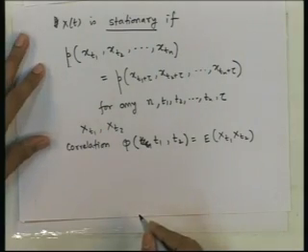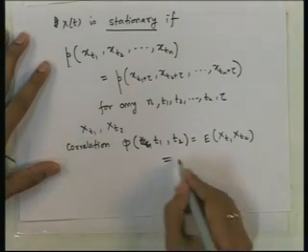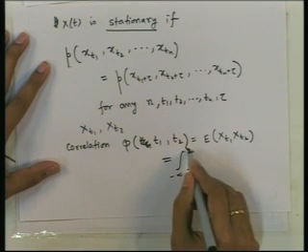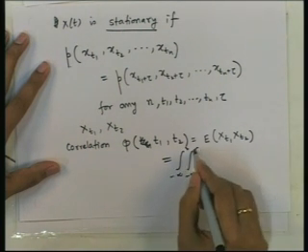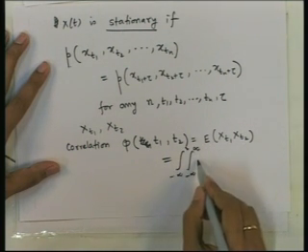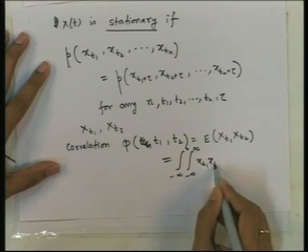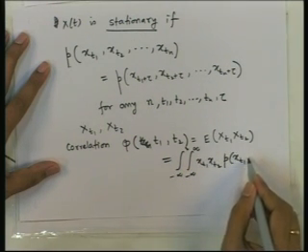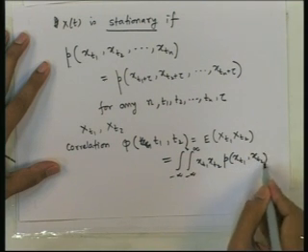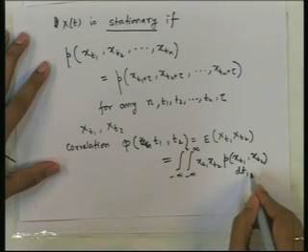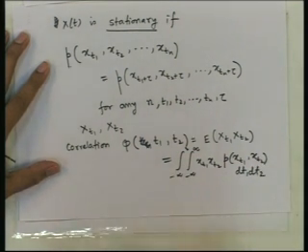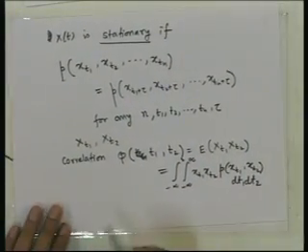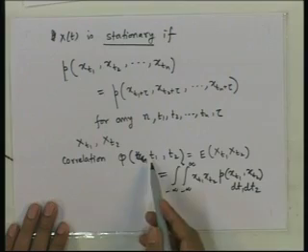If you write it in terms of integration, it is the integral from minus infinity to infinity, minus infinity to infinity, of x(t1) x(t2) p(x(t1), x(t2)) dt1 dt2, the expectation of the product, and this is a function of t1 and t2.